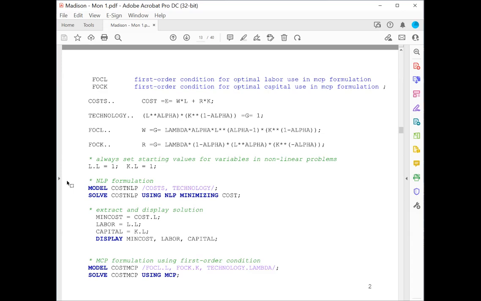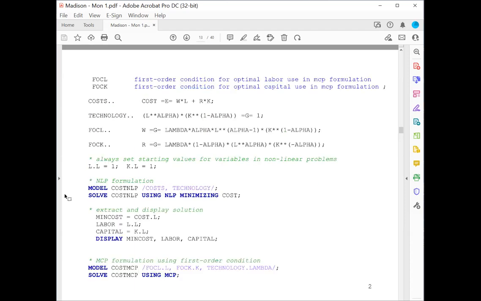So the technology equation is a constraint equation on the optimization problem. And then you can extract again the solution. What is the minimum cost? What is labor? What is capital? And display those as you go along.